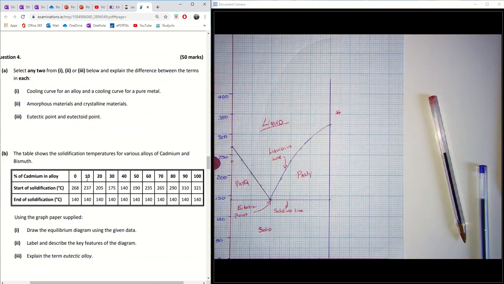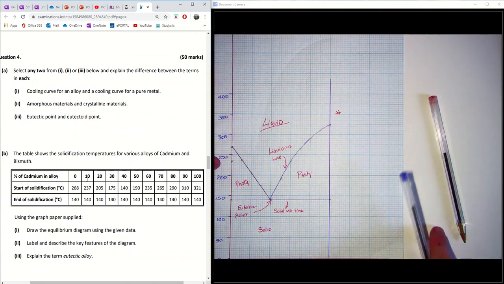And the first one I'm going to look at is the eutectic point.